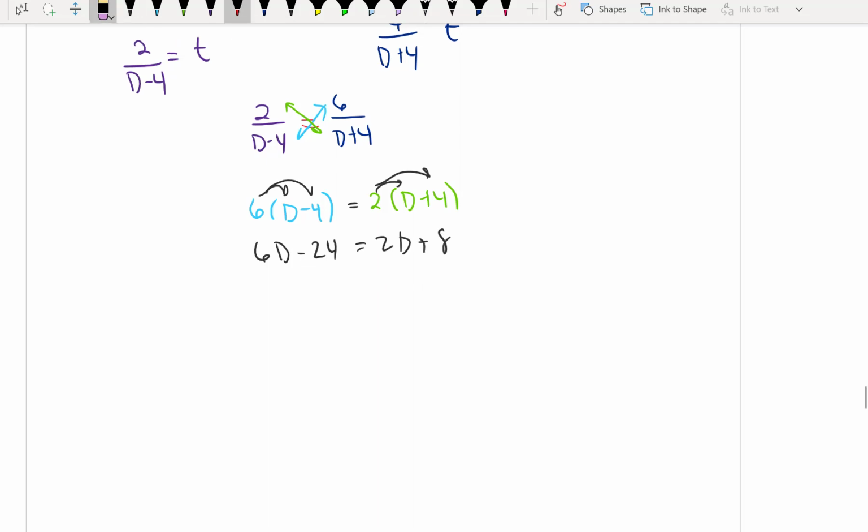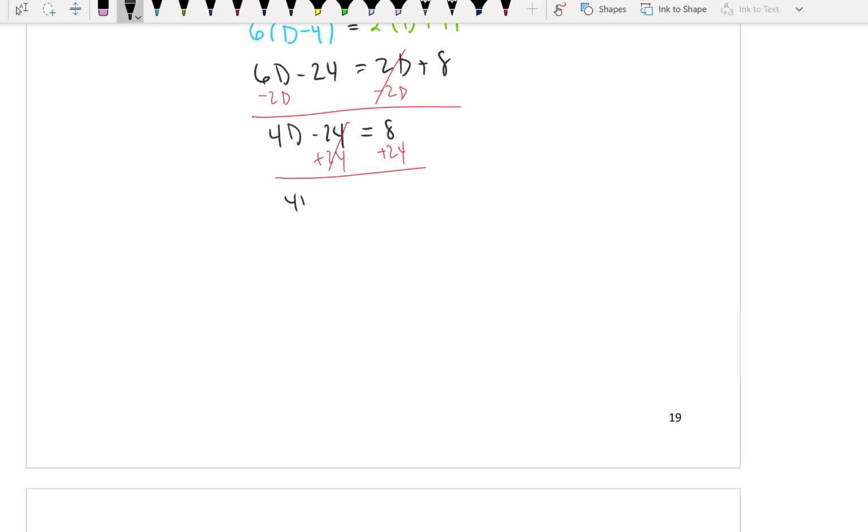So what I'm going to do next is subtract 2d from both sides. So 6 minus 2 is 4d minus 24 is equal to 8. So I'm going to add 24 to both sides.